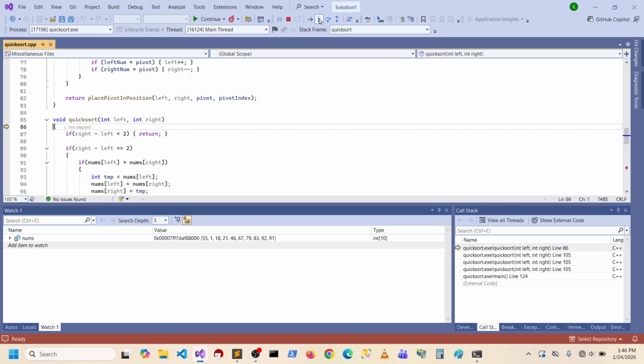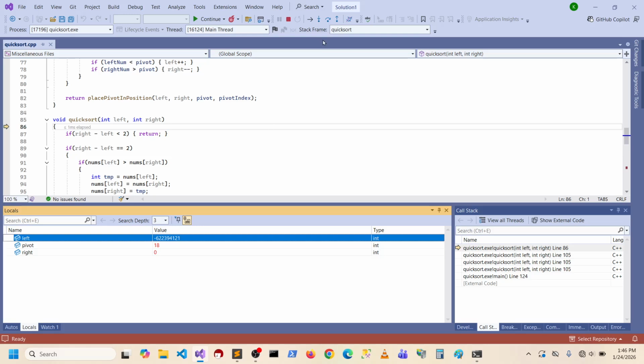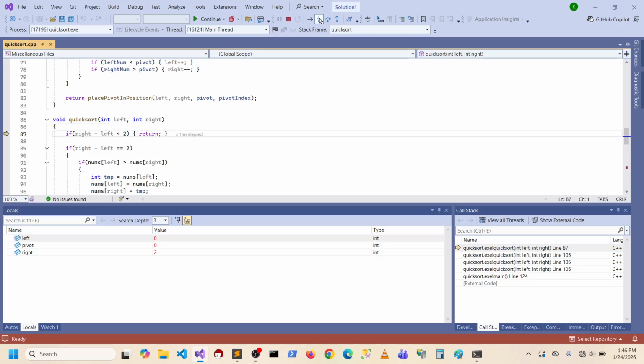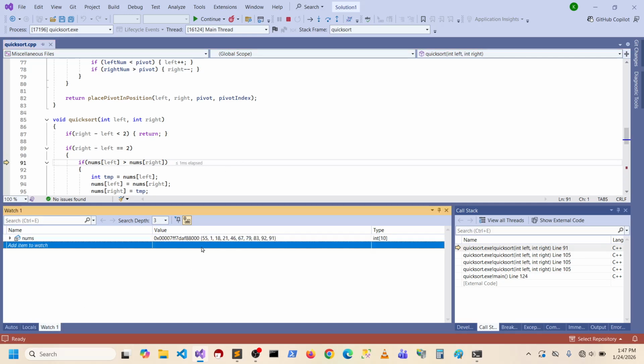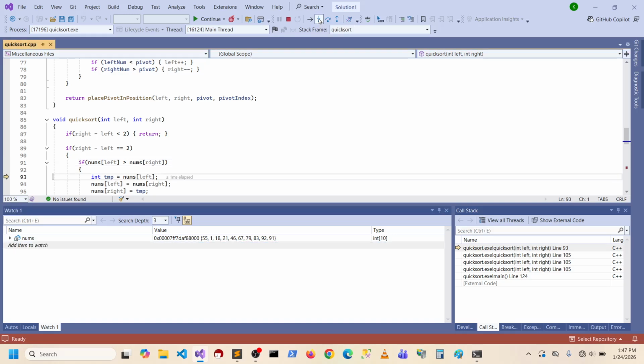So we're still quick sorting left. So nums left and nums right. So 0 and 2 swap. 1, 2, so 0, 55 and 18 swap. Didn't we just swap those?